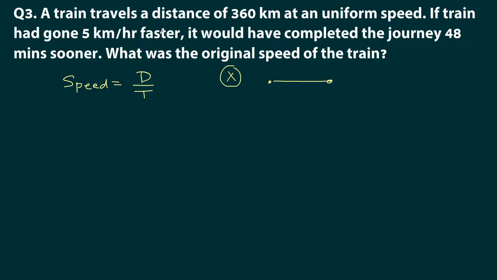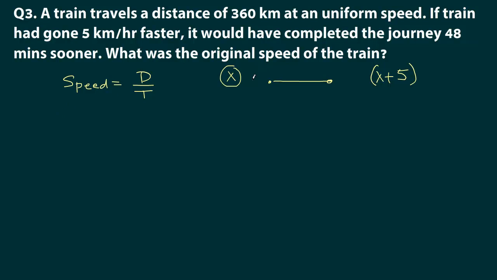Now, what we have been told is that if the speed were x plus 5, it would have reached the destination sooner. So let's find out the time taken originally. Here speed equals distance by time.